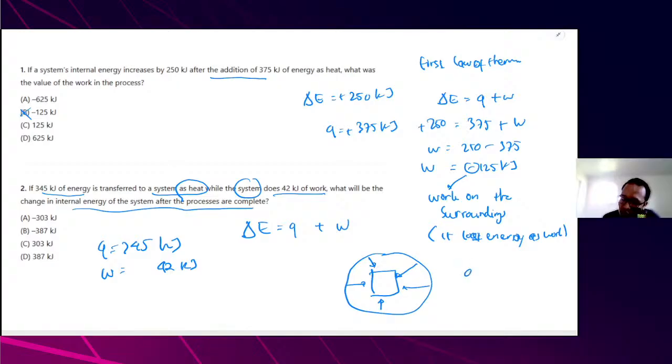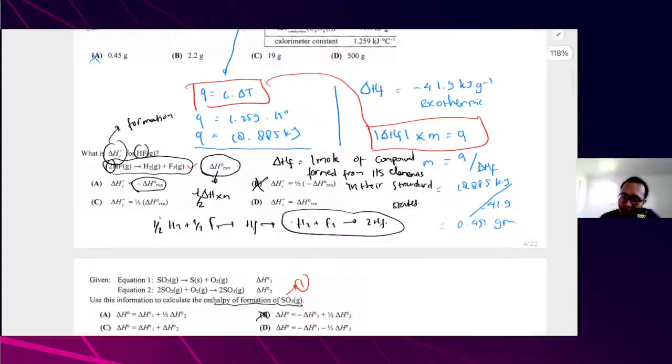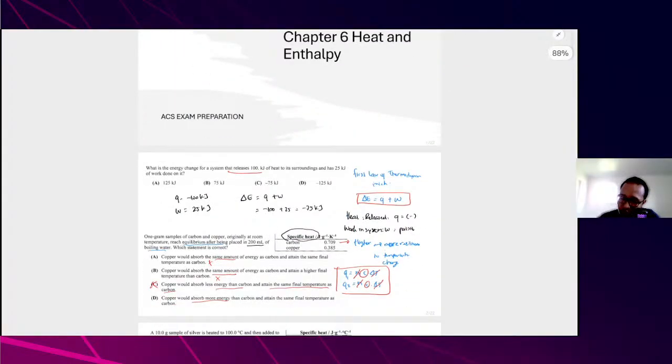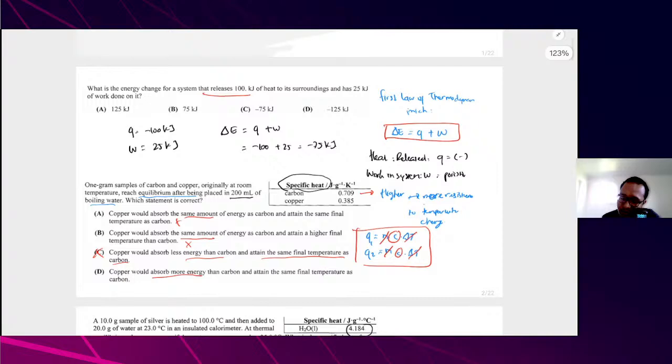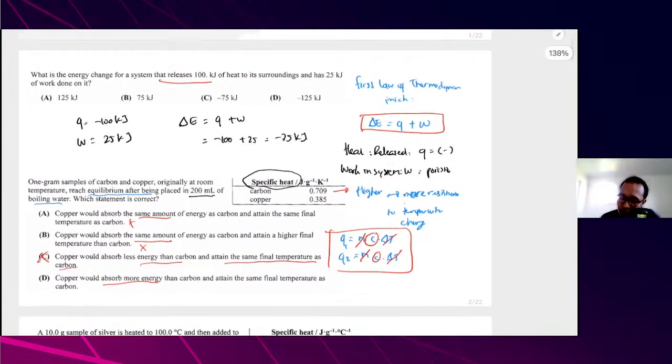So Q will be positive, which means the heat is increasing, like we mentioned in the previous part. Do you remember it? Heat released is Q negative.